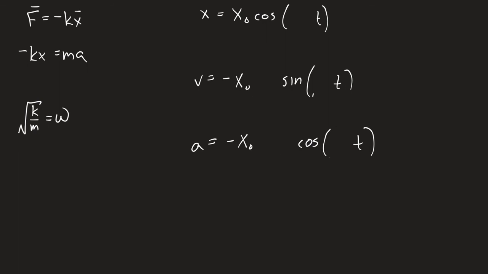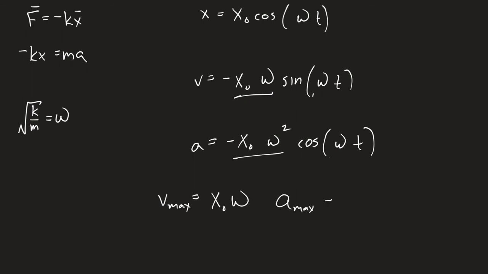So when I do that, we have omega times t in all of these, omega here, and omega squared there. Now, there's other implications too. The idea that V max is right here. So that's x naught times omega. That A max, which is right here, is x naught times omega squared.